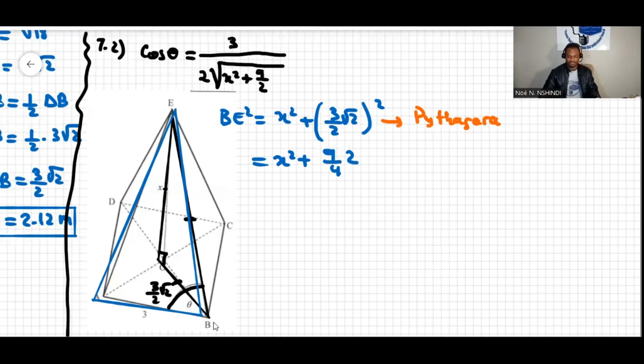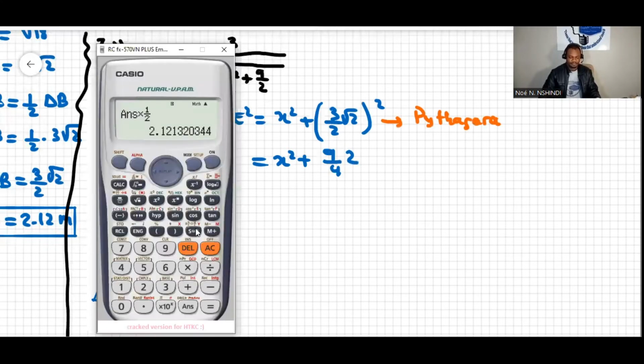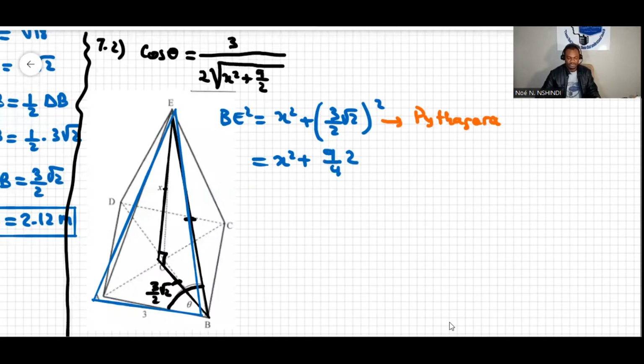You can check in the calculator. When we simplify, we get 9/2. So x squared plus 9/2.